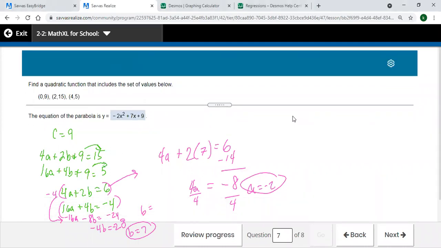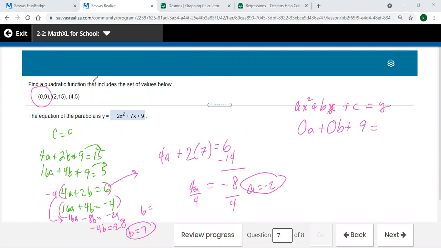I wanted to go over and do this on the matrix. So remember when we put in the first point, the 0, it was going to be 0a plus 0b plus 1c, because these are all ax squared plus bx plus c equals y.